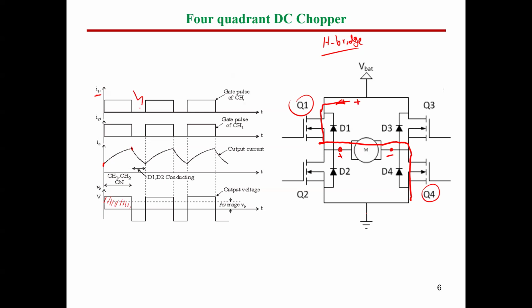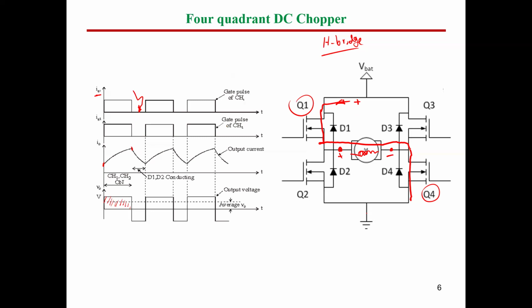In this interval, we turn off the MOSFET, and you have stored energy in the coils inside the motor. What will happen is the current will continue discharging in the same positive sign. Same positive sign means current flow is still in this direction.